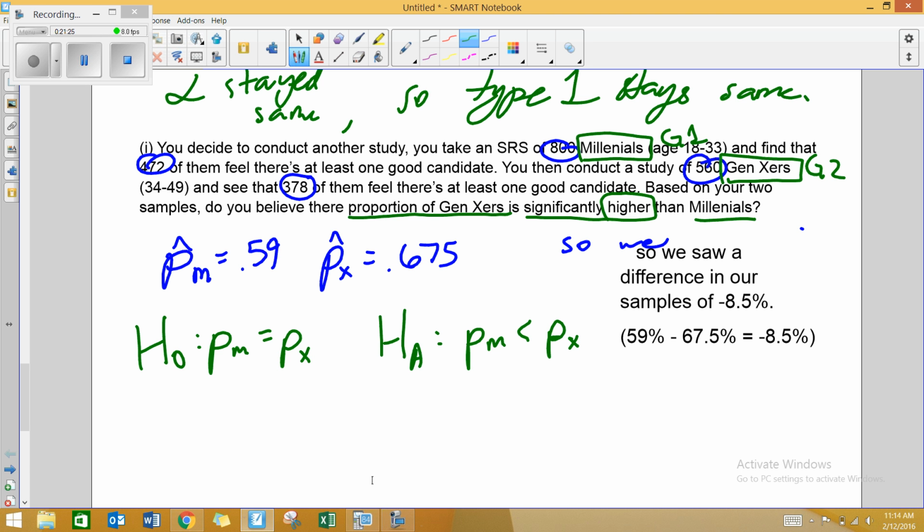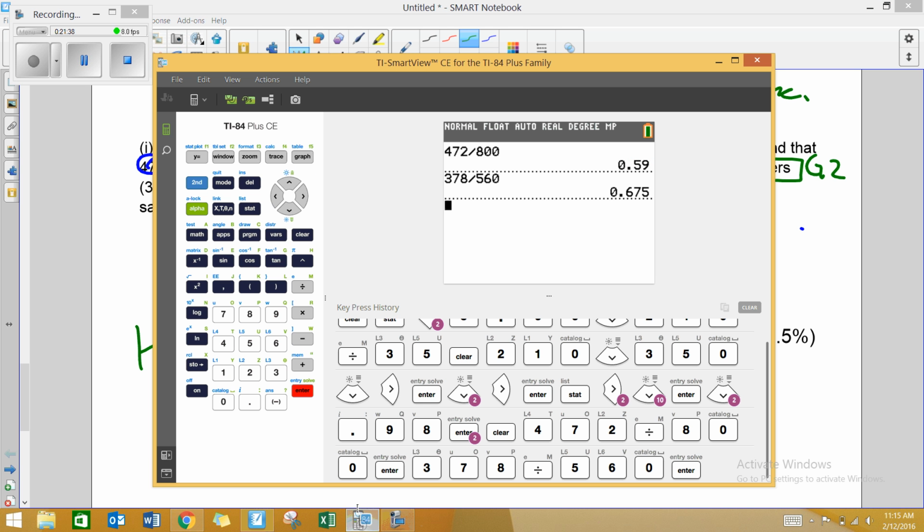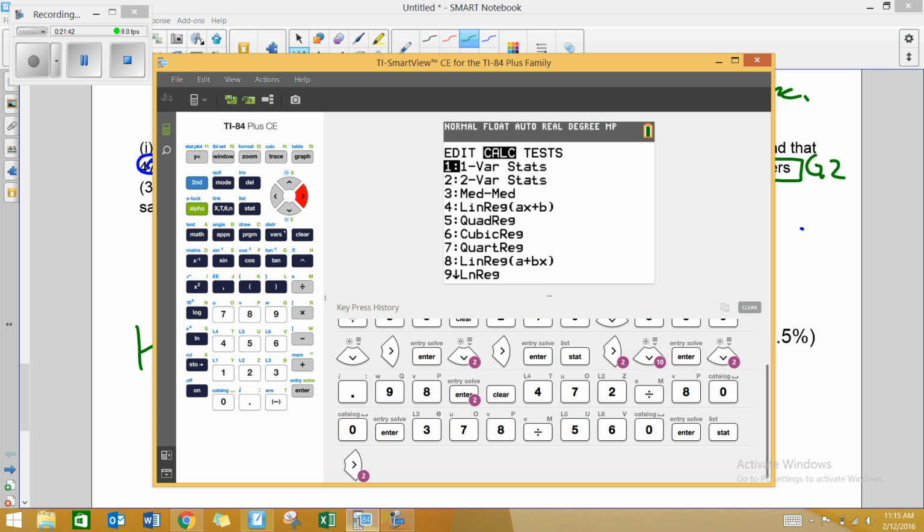So we're going to conduct a 2 proportion z-test, and hopefully it's all coming together. See how this problem differs from part A. That was a 1 proportion z-test. So we'll do a 2 proportion z-test. That's number 6 right there.